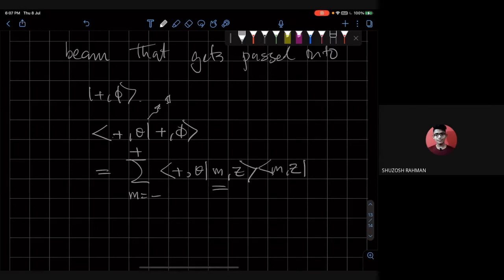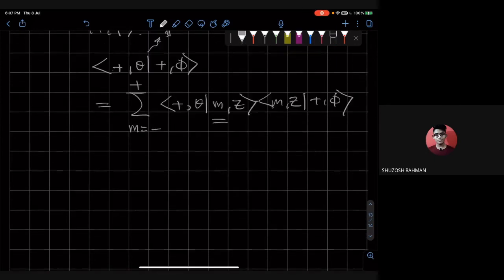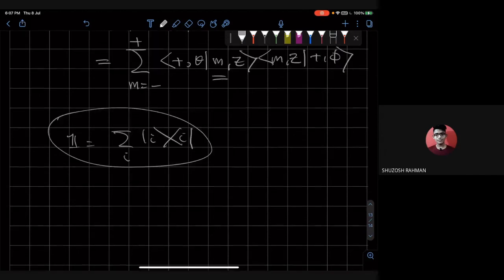Remember decomposition of identity, the projection operator? We're just using this. Okay, so if I do this, then I get two terms, and let me just write them as vectors.